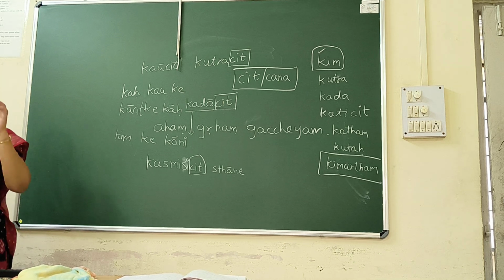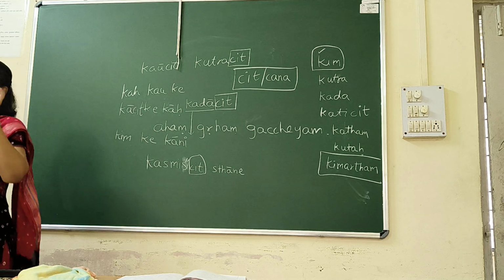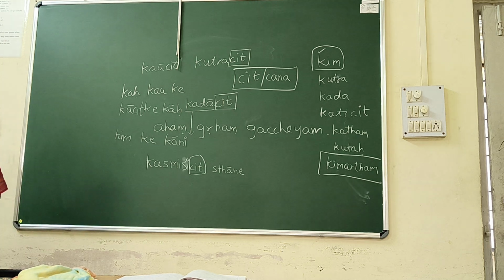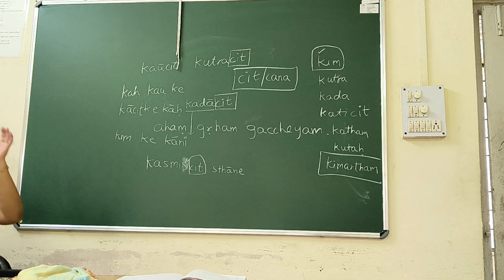So kati, an exact number you can tell: 10, 15. Now suppose there was a program on Saturday and some people gathered there. You don't know the exact number. Then you will say kati chana or kati chit janaha agachan. What does that mean? Some people came. I don't know if exactly 10 or 20 or 30 or 100 or 200.